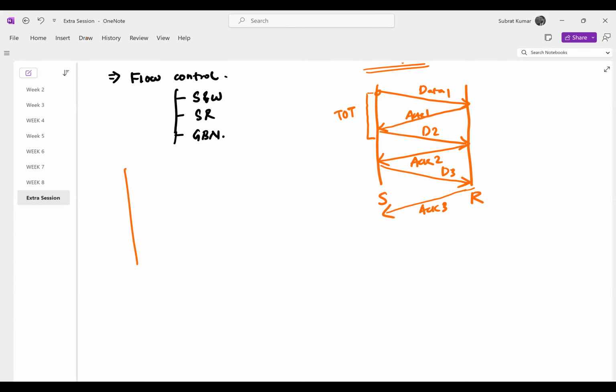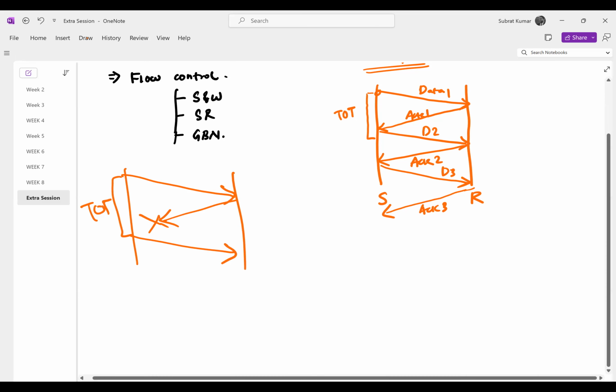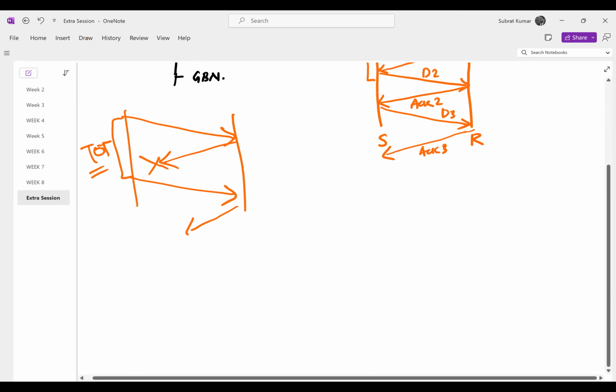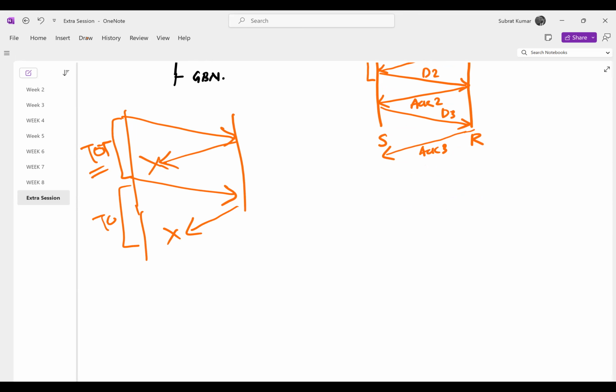Let's say in one scenario the sender sent the data and did not receive any acknowledgement. So it will send the data again. How much time should it wait before sending the data again? It should wait for the timeout time. And if this is again lost, it will again wait for the timeout and send the data again.